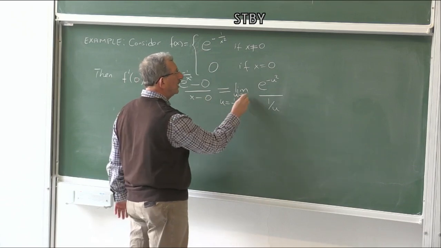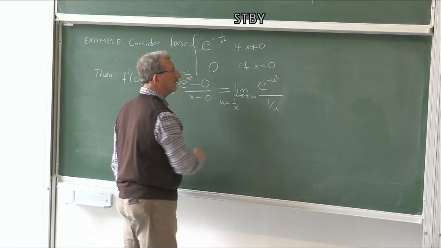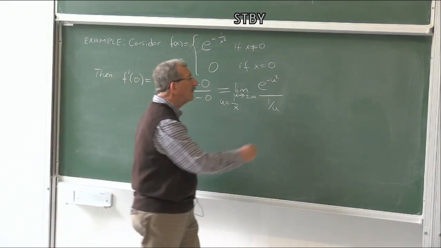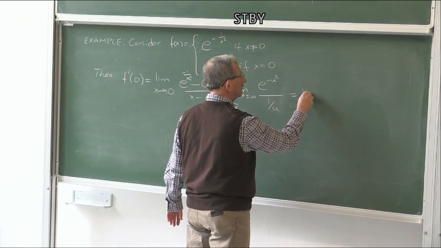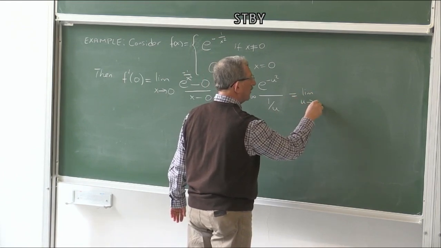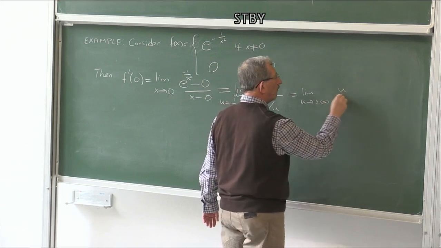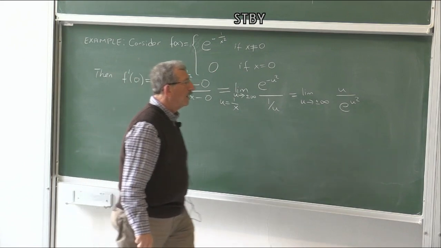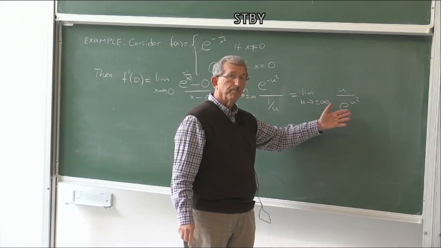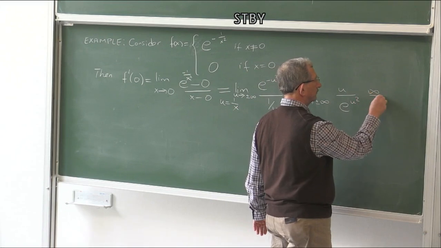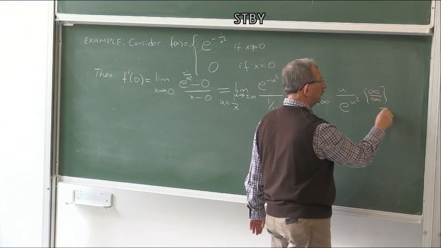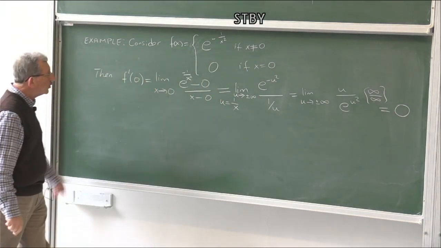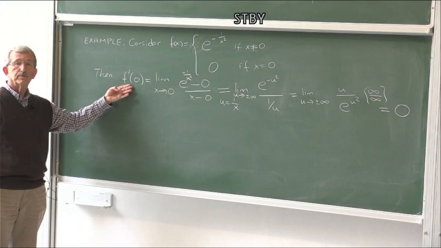I don't distinguish between the two different limits because they are not different. This is the limit, u going to plus or minus infinity, of u over e to the u squared. Now, clearly it's of infinity over infinity form, and L'Hopital's rule says that this limit is 0. So there is a derivative at 0, and it is 0.